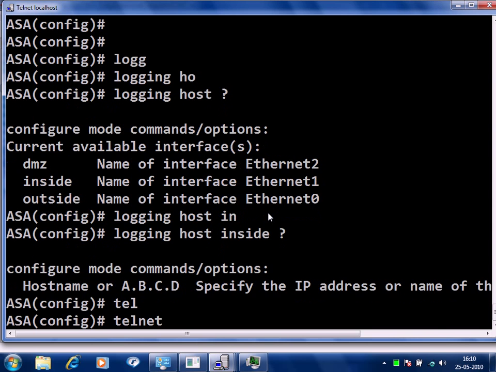Means I cannot type like this. So make a note of this. You cannot do telnet or SSH to any device from ASA. But you can do telnet or SSH or HTTPS to the ASA.